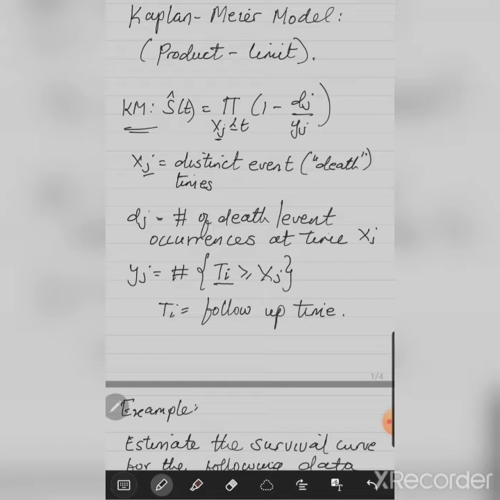So the follow-up time t_i must be greater than or equal to x_j. We have this formula.